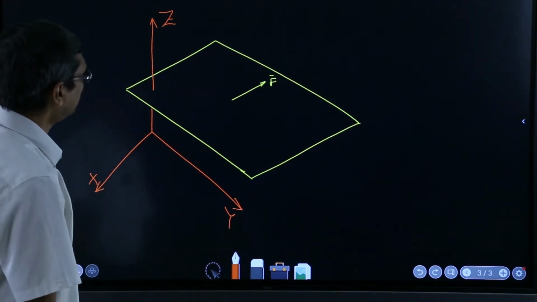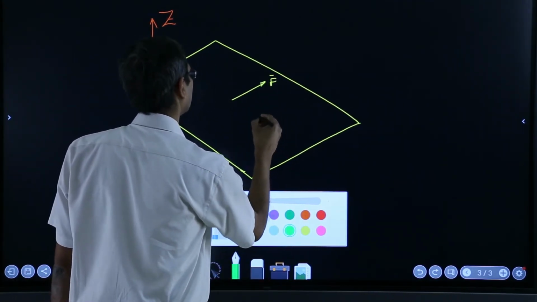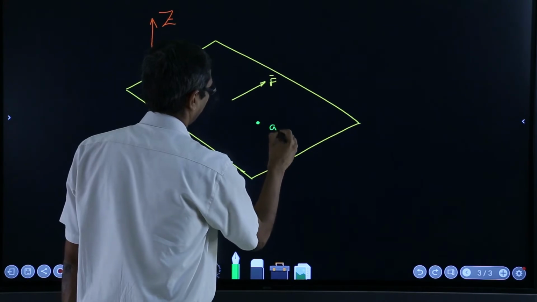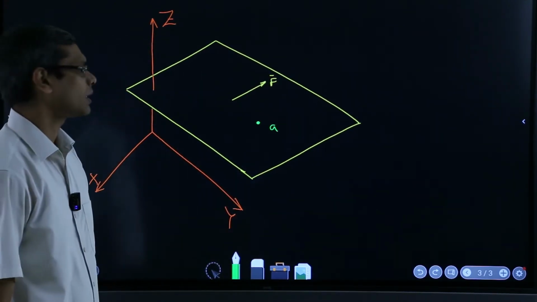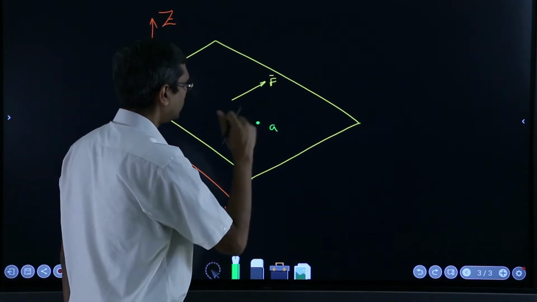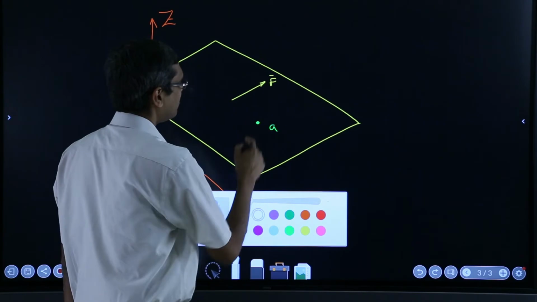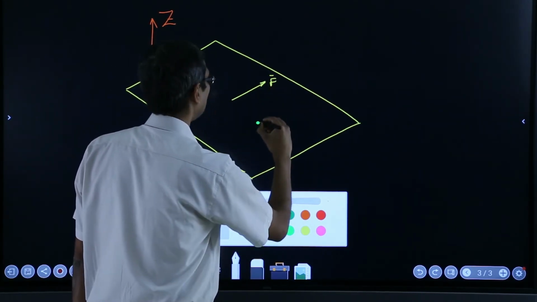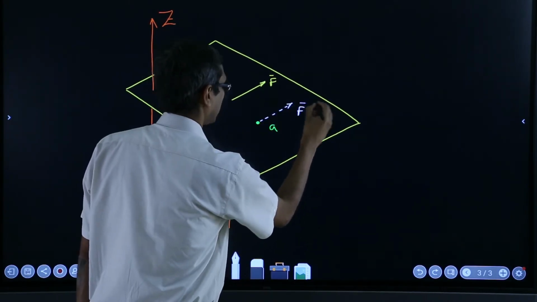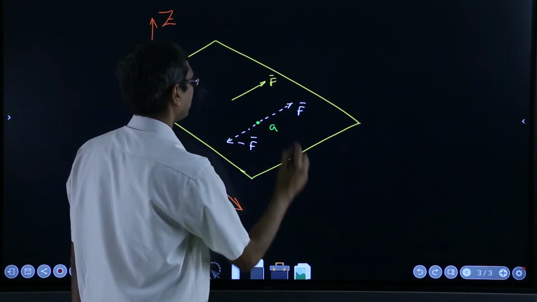Now F is somewhere here, and you want to move it to a location, say here, called A. Now the concept is, you do one thing: let's add an equal and opposite vector at the same point A, which is equal to F. So let this be F, and this is minus F.